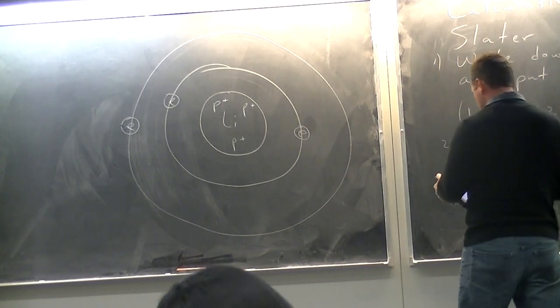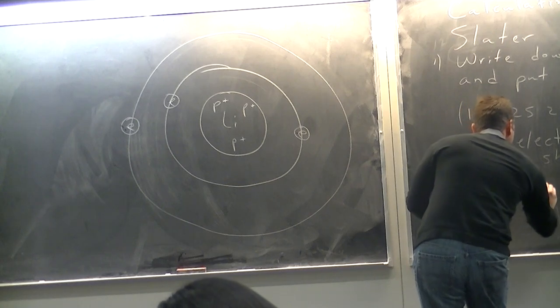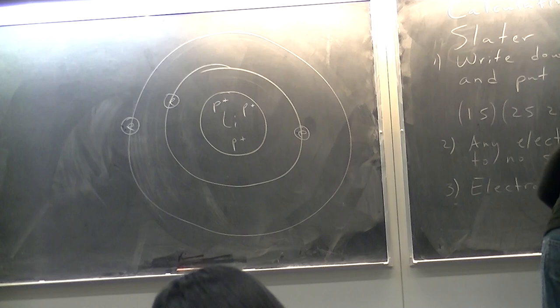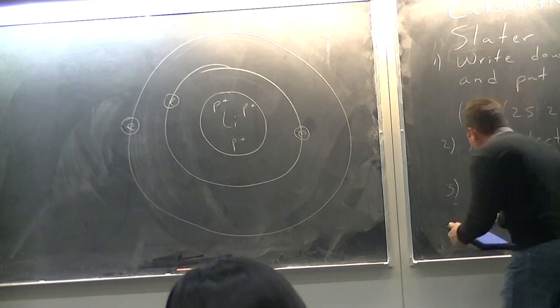Third, electrons in the same group count 0.35 nuclear charge.